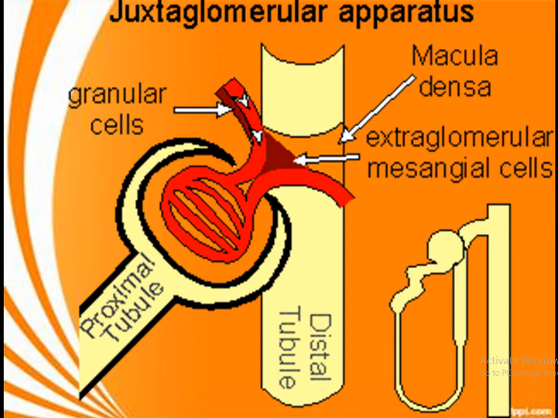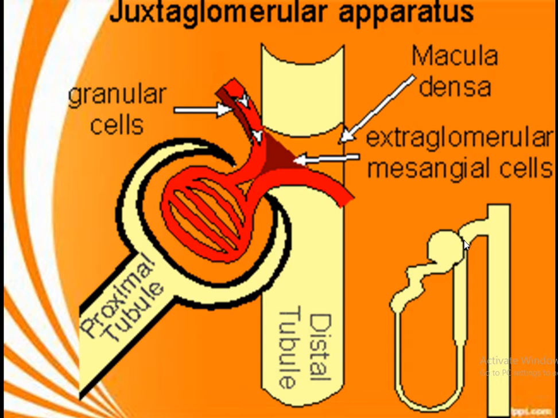You can see this is the whole picture of the nephron: glomerulus, proximal convoluted tubule, then loop of Henle. This is the ascending part of the loop of Henle. Now the distal convoluted tubule and collecting tubule. The initial part of the distal convoluted tubule has a very specific structure which is called the macula densa.